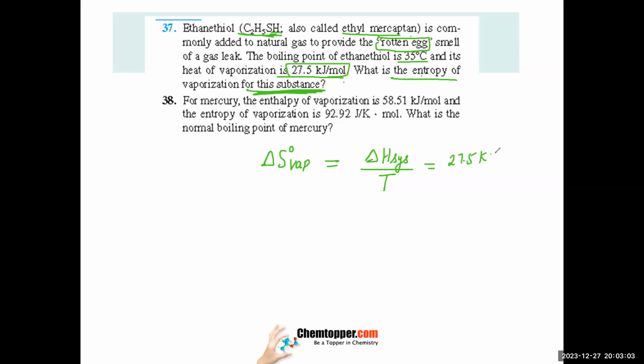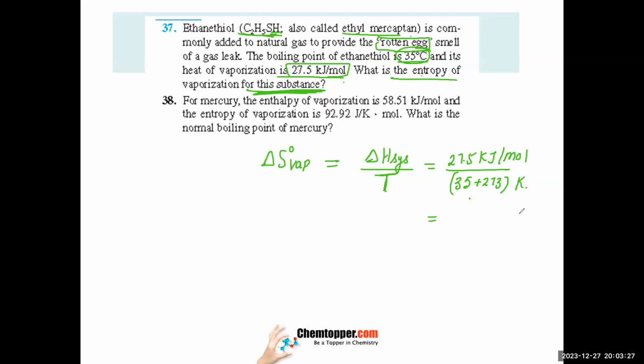And what is delta H system? 27.5 kilojoules per mole. And this temperature is the temperature at which boiling starts, meaning the boiling point, 35. So 35 plus 273. This is in Kelvin.